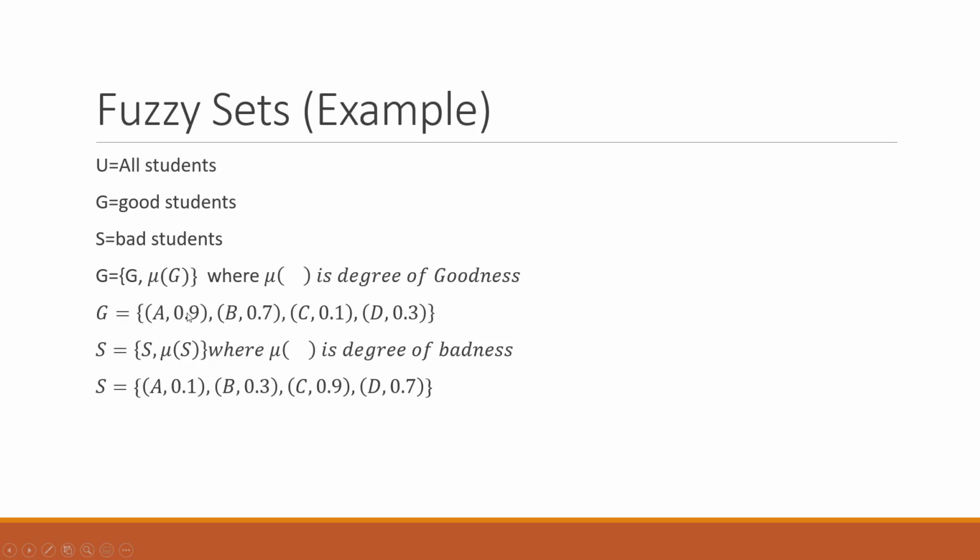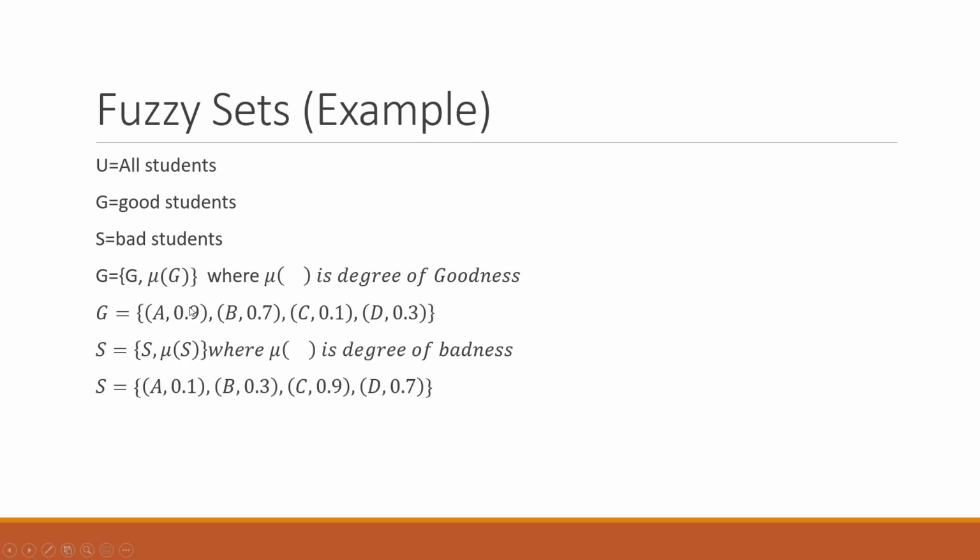But we have assigned a very high value approaching 1. The membership function value is 0.9. So 0.9, that is why for A in the ordered pair, this will be 0.1. 0.9 plus 0.1 will be 1. So 10% is that A is bad.